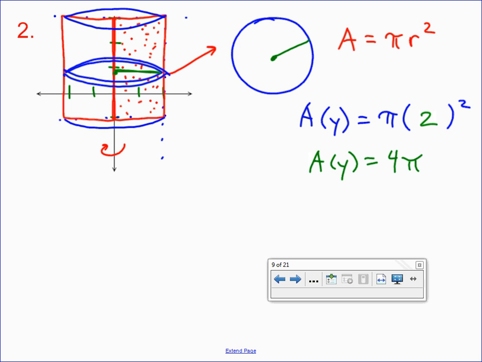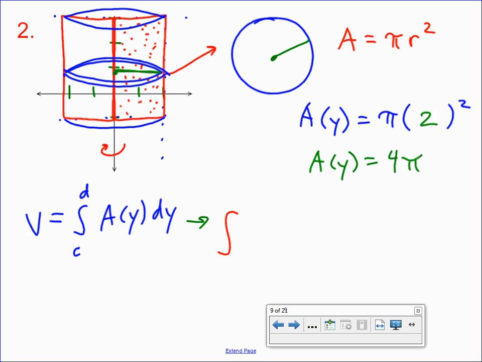All right. So we'll integrate to find volume. In this case, we're going to integrate from bottom y value c to top y value d, my area function a of y with respect to y. Let's do it. That'll be the integral from, what's the least most y value of my cylinder? Negative 1 up until 3.